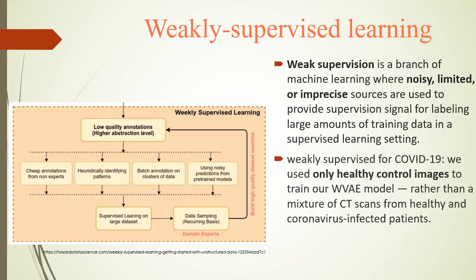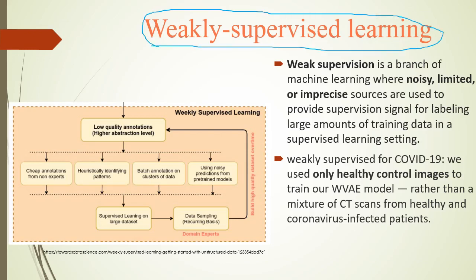Now we come to the task of weakly supervised learning. First, we need to understand what weak supervision is. It means we may use noisy, limited, or imprecise sources to provide the supervision signals for labeling. And what are the causes of low quality annotations? Please see the left side image.